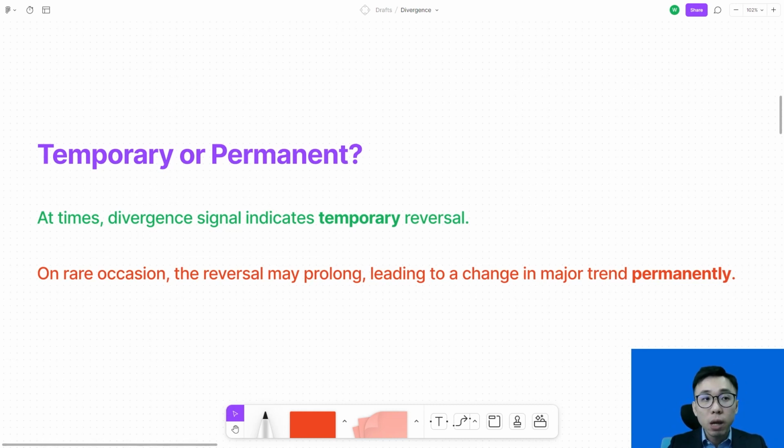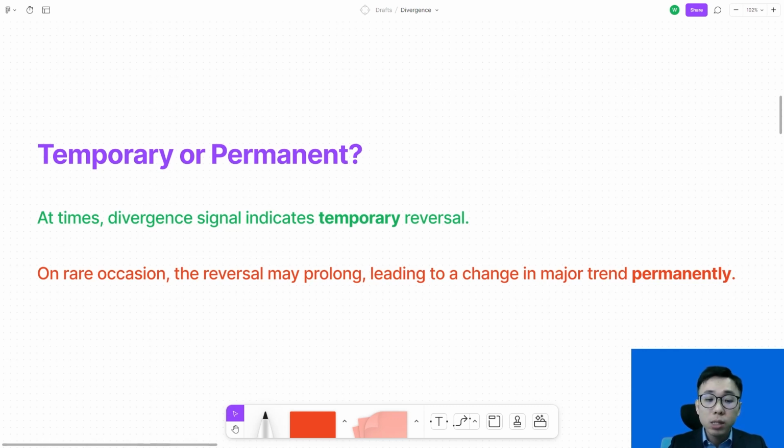So let's say, for example, the price of this asset is going downwards. And then suddenly, divergence comes in and it starts to come back up. Sometimes there are scenarios whereby economic data or investor sentiment changes the way it moves after that, and it may lead to a permanent change in its trend direction thereafter.